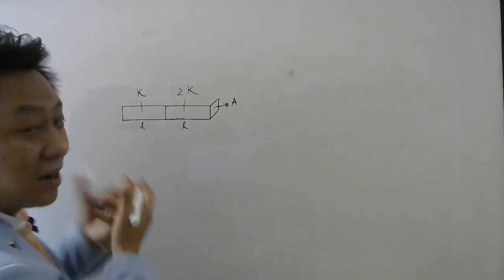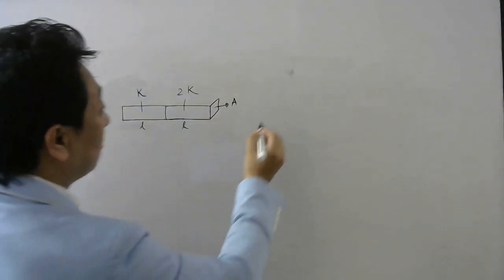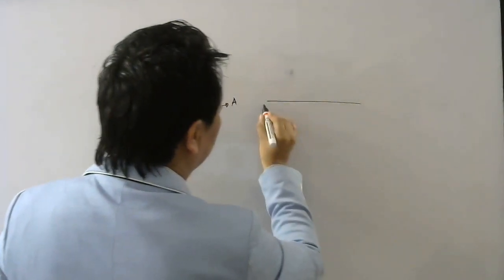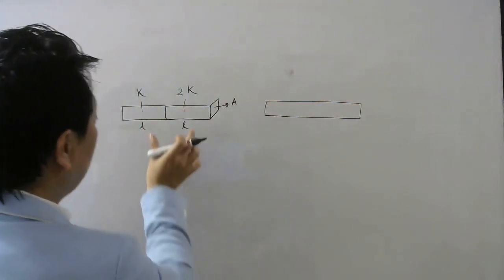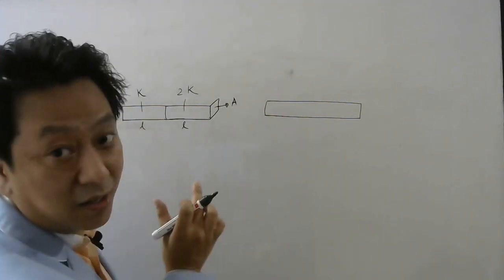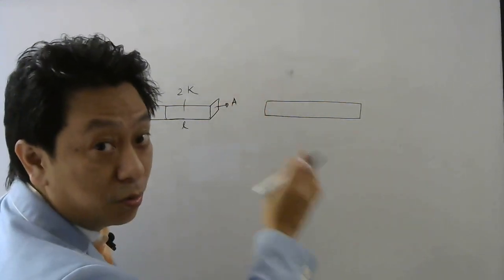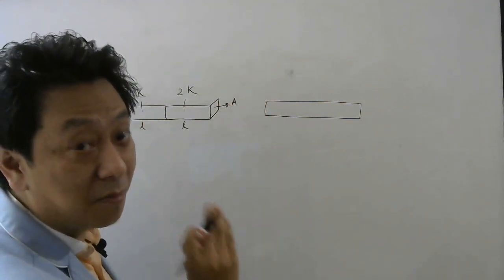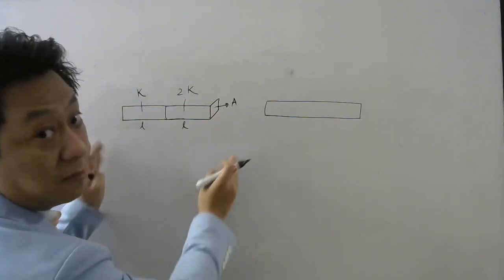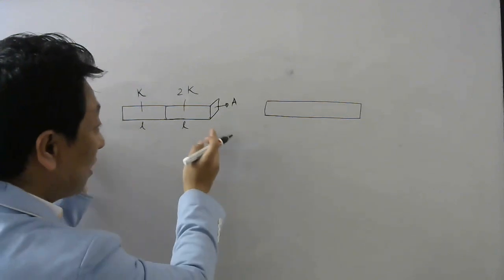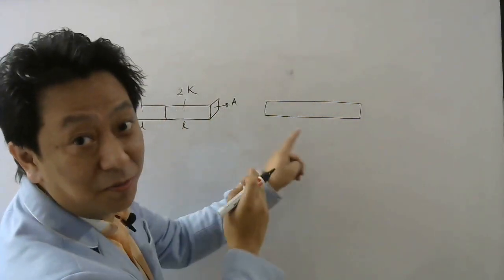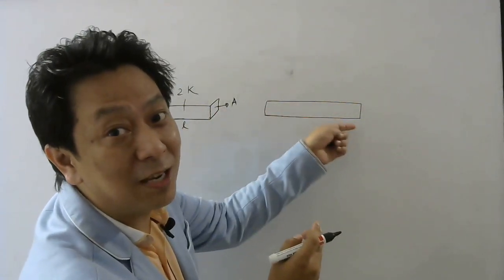Now they are asking you to find equivalent thermal conductivity. If I can find a single rod, so that if I replace these two by this rod should do the same thing. In other words, what I mean is, if you apply some temperature difference and some heat flows here, then if you apply the same temperature difference here, the same heat will flow.